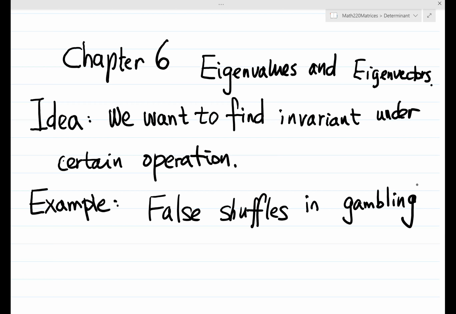However, people know that under certain complicated operations, it looks like a random shuffle, but it turns out the order of the entire deck is fixed. If I give you a deck of cards, then under certain complicated shuffles, the order turns out to be the same as the initial deck.